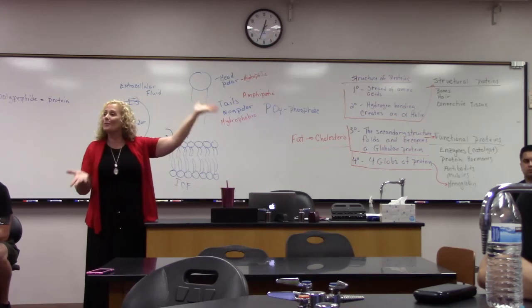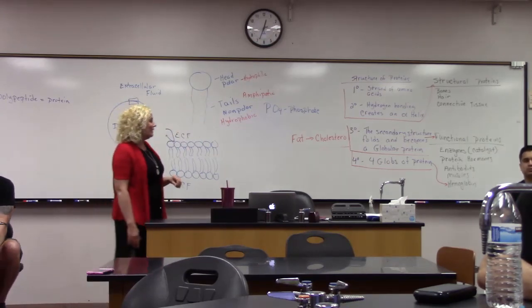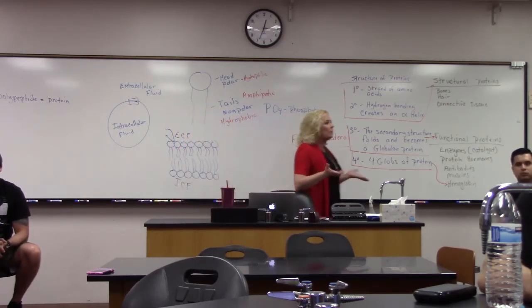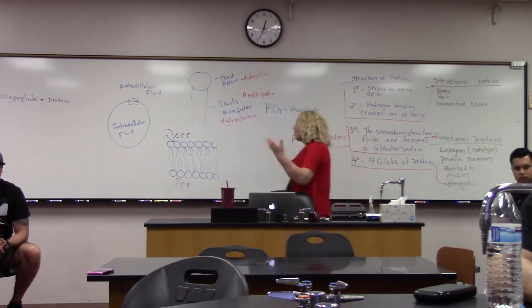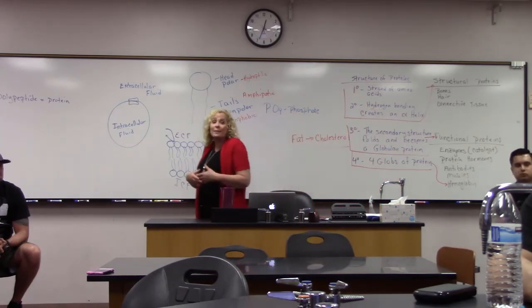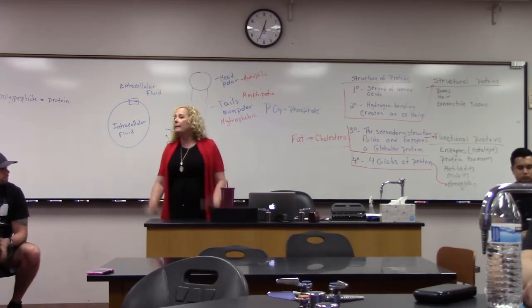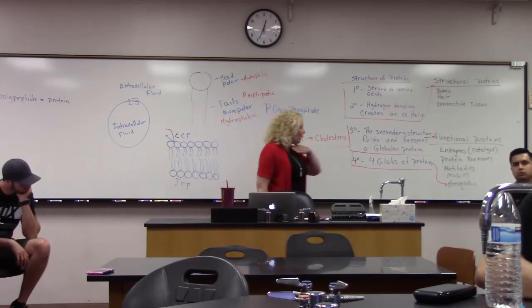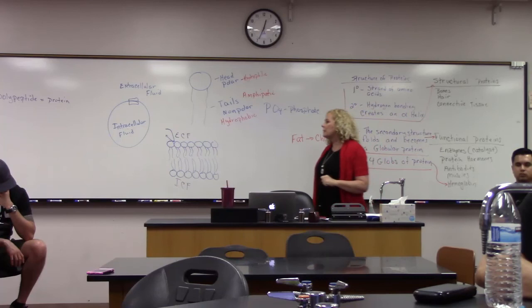And when it falls apart, we call that denaturing the protein. And by falling apart, it no longer does its job anymore. It can no longer function. It's no longer hemoglobin, or it's no longer an enzyme. It's no longer a protein. It's just basically junk. It's cellular trash. And it's just torn apart. So to denature a protein means we break way too many hydrogen bonds and our protein loses its function.